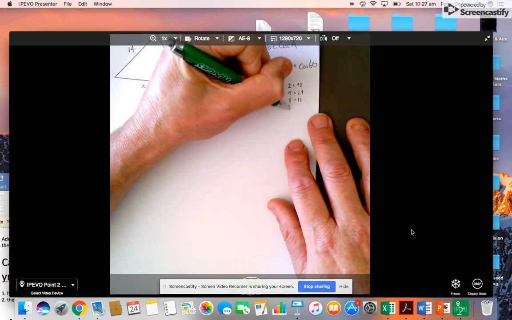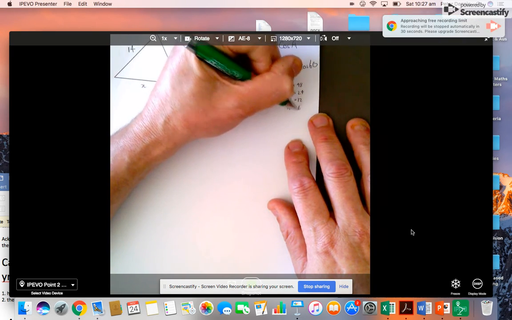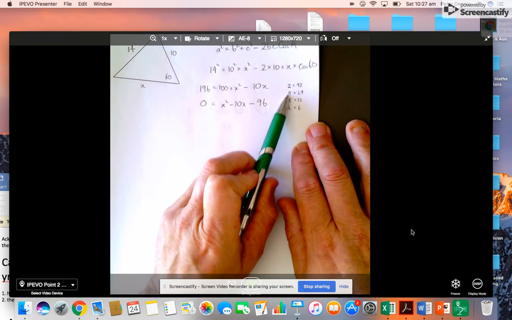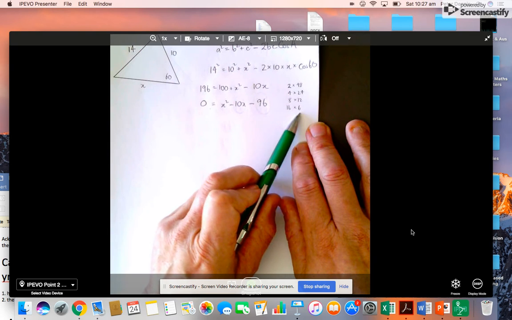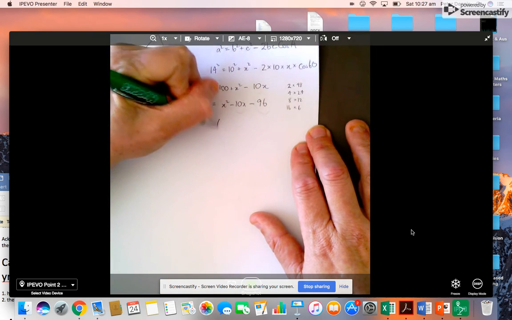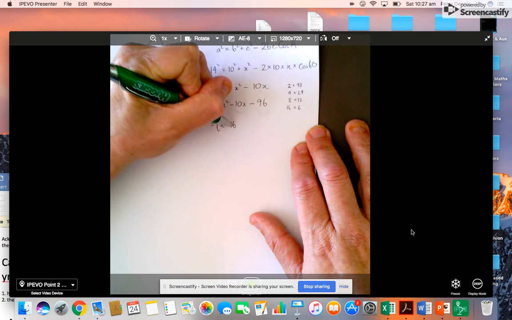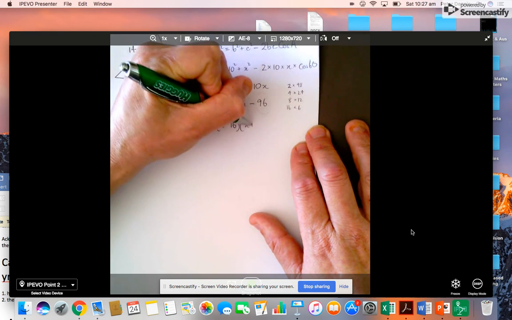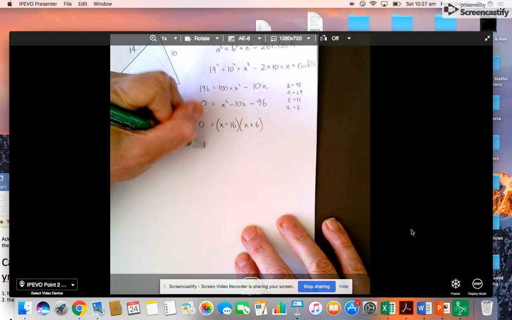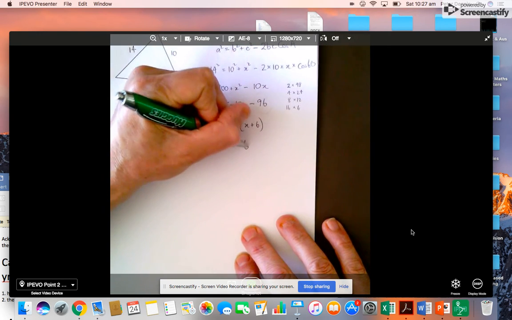But if I double this side to get 16 and half that side to get 6, I know it equals 96. So all I've done there is doubled this side and halved this side until I get a difference of 10. So I know this is going to be x minus 16, x plus 6 equals 0. Therefore, x equals 16 or minus 6.